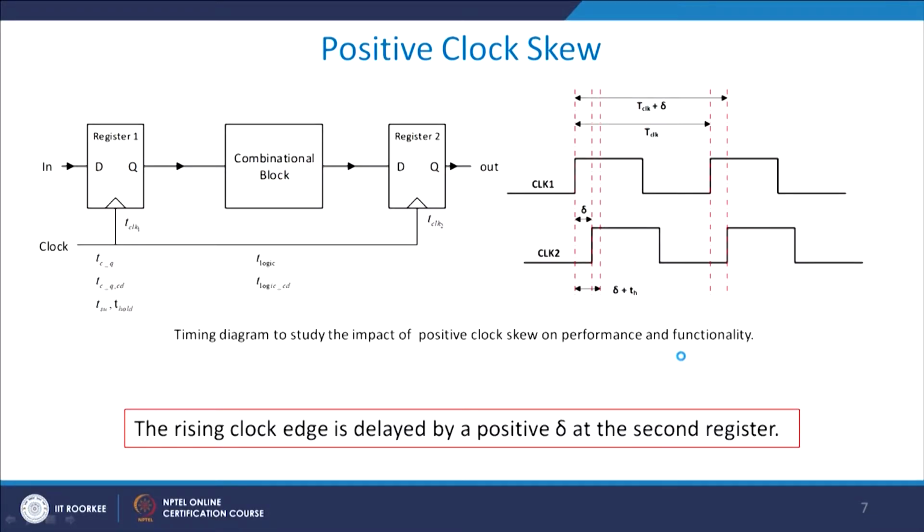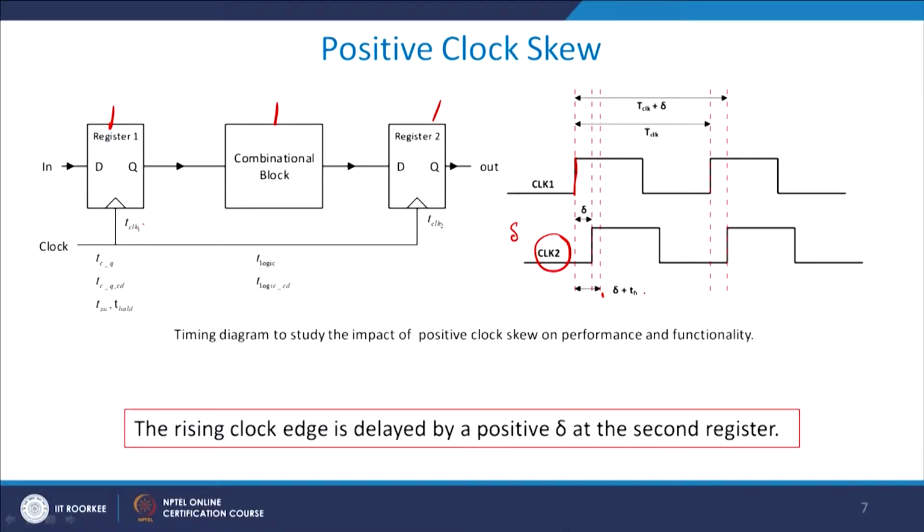So, let us look at what is known as a positive clock skew. I have a register 1, the combinational logic, and register 2. Now, I have a T clock 1, T clock 2. At the rising edge of T clock 1 nothing is happening, because in clock 2 you already have a skew, which means that the rising edge will shift right to accept this data, and therefore you get delta equal to this much.